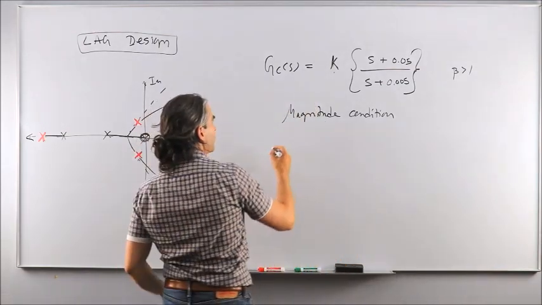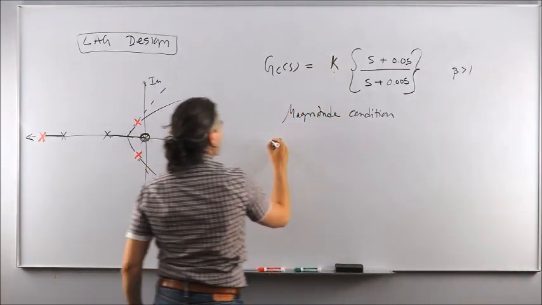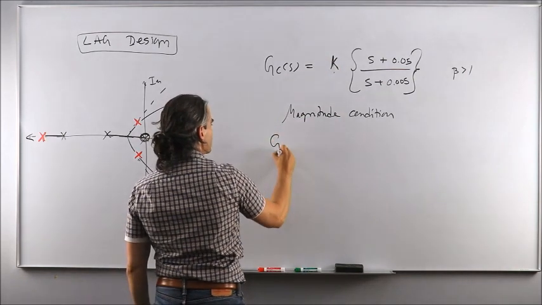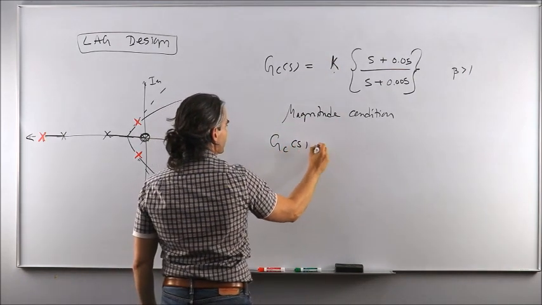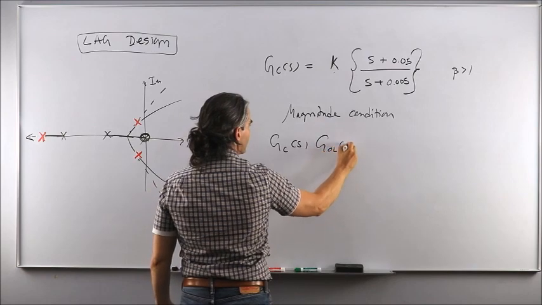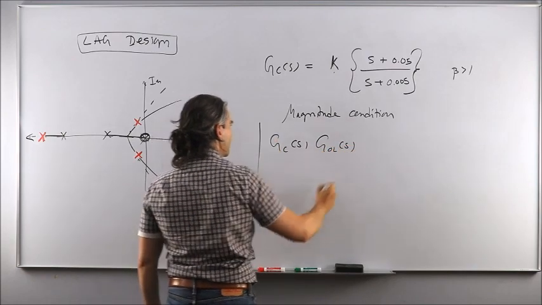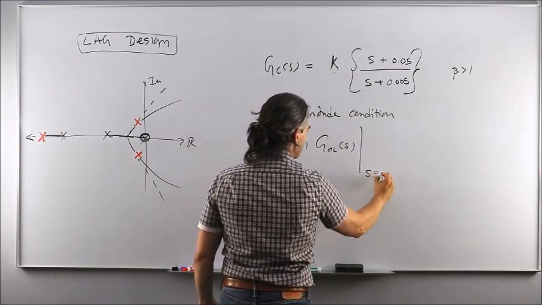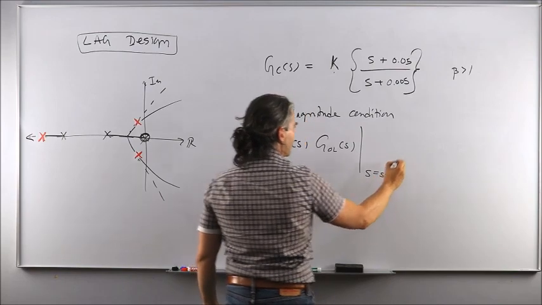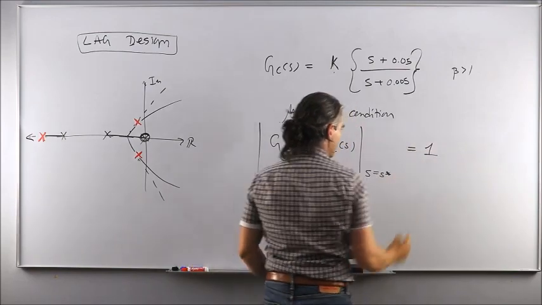So same as before, I'm going to take the norm of our new open loop transfer function, which will be composed of G_c times the former open loop transfer function, and evaluate the norm at s equal s star, and ensuring that everything ends up at 1.